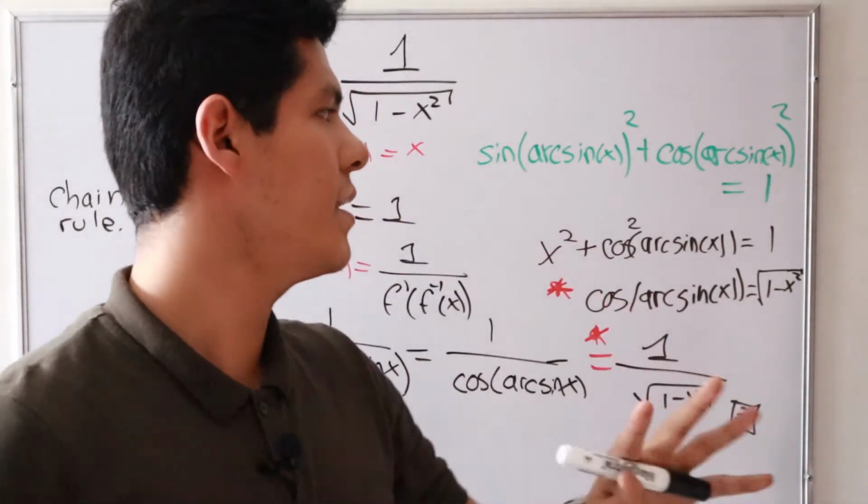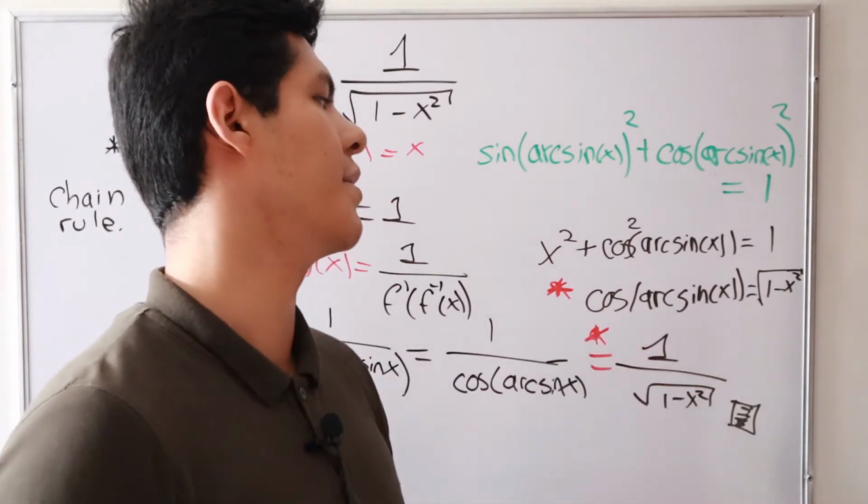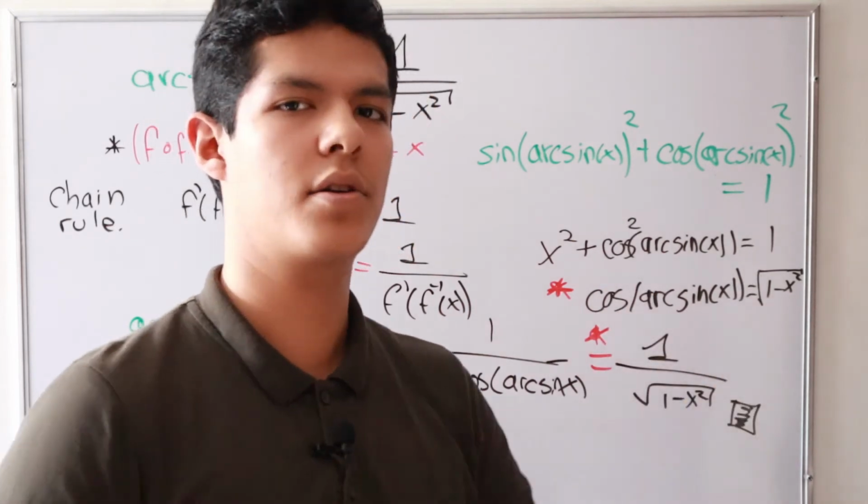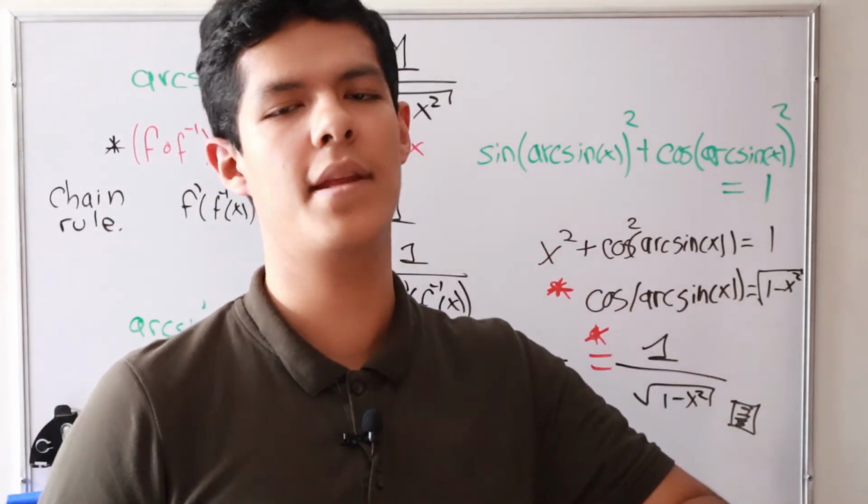So guys, we need to make another consideration. This is a square root, but there are two values, the positive one and the negative one.